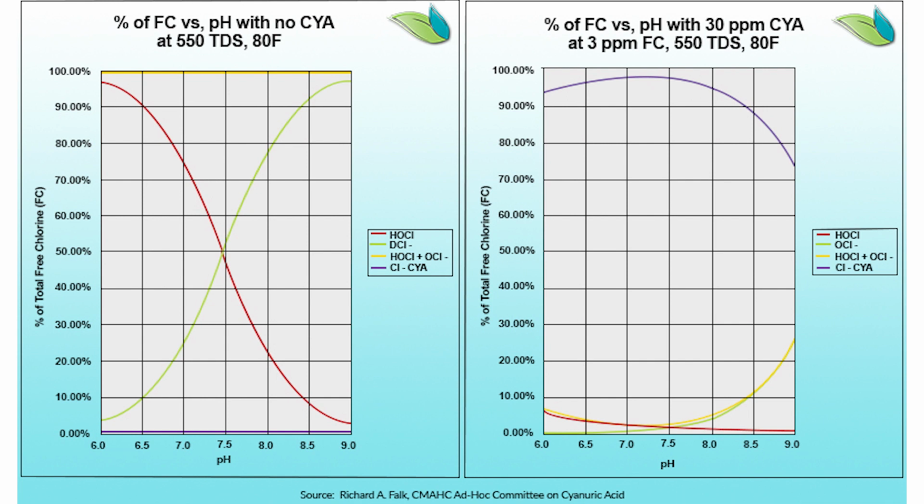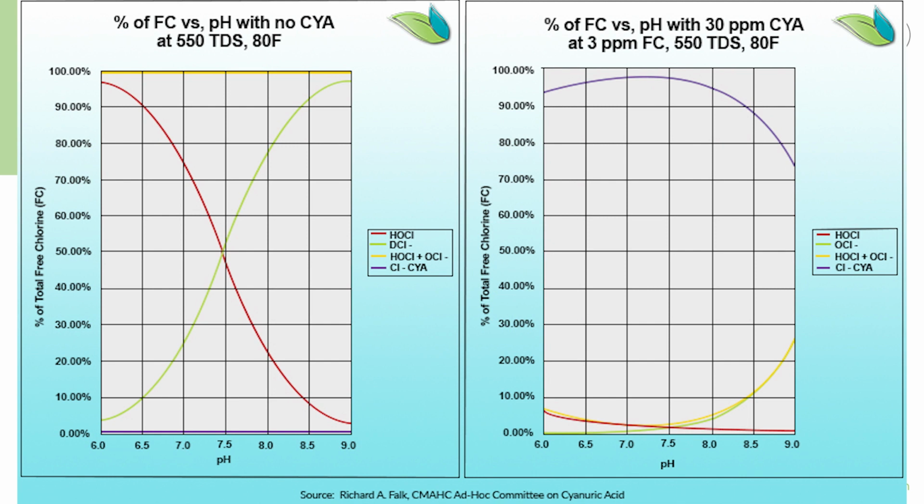Now you look at that red line at the bottom, you think, oh my gosh, there's almost no chlorine strength. Not quite. Look at the new line at the top. It's a purple line, and that purple line is chlorine that is bound to CYA. So you do have chlorine, and you would test chlorine, no problem. It's in there. But look at the bottom right corner. The yellow and green lines curve up, and at the top, the purple line proportionally curves down.